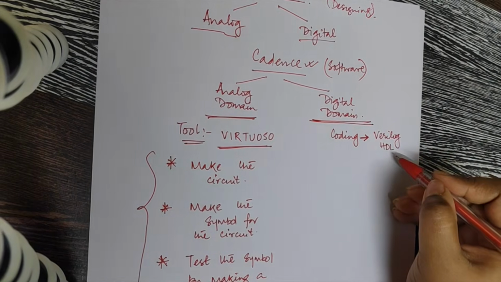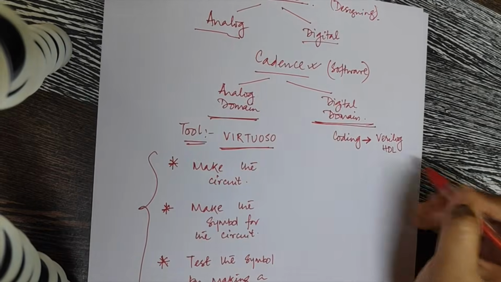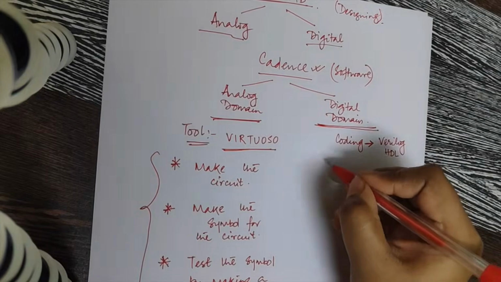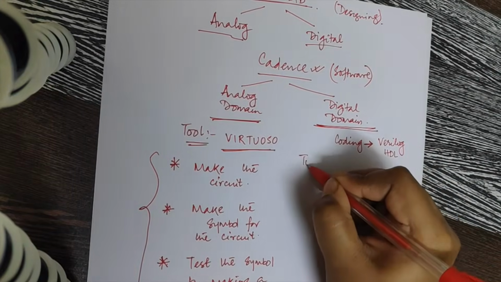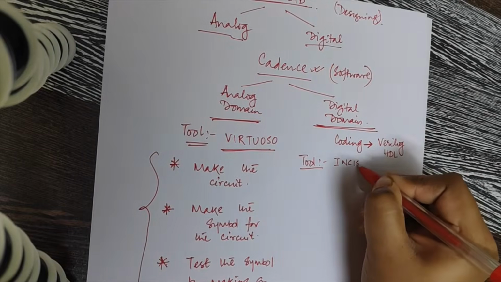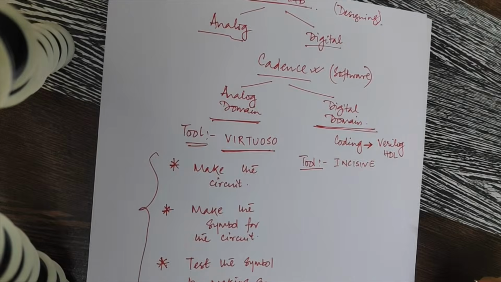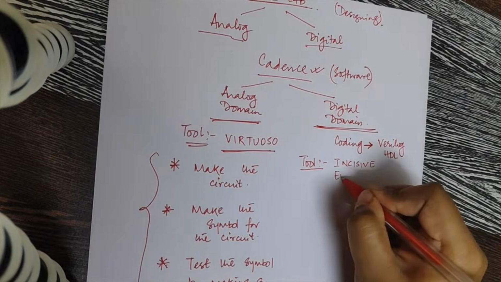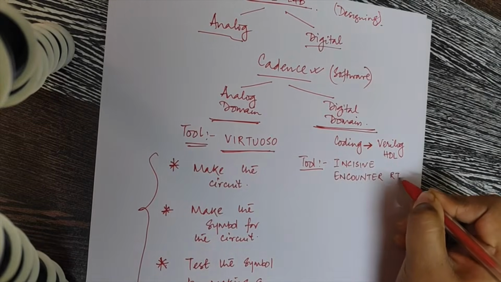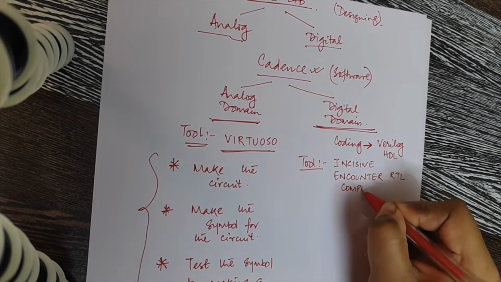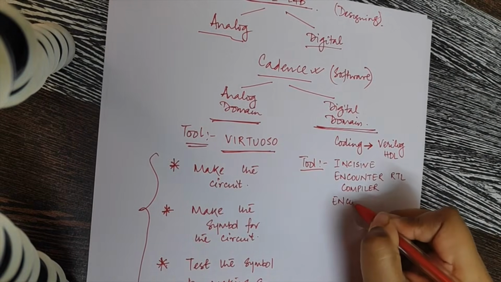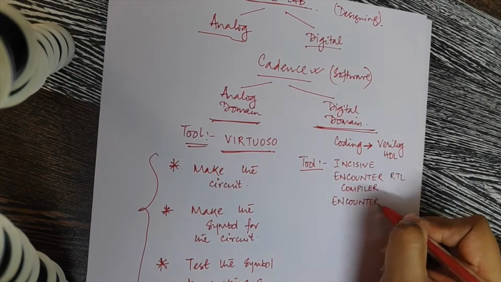Over here you're not going to use the ISE tool. The tools provided by Cadence for the digital domain are three. First tool, Incisive. Second tool, Encounter RTL Compiler, and the third tool is Encounter.